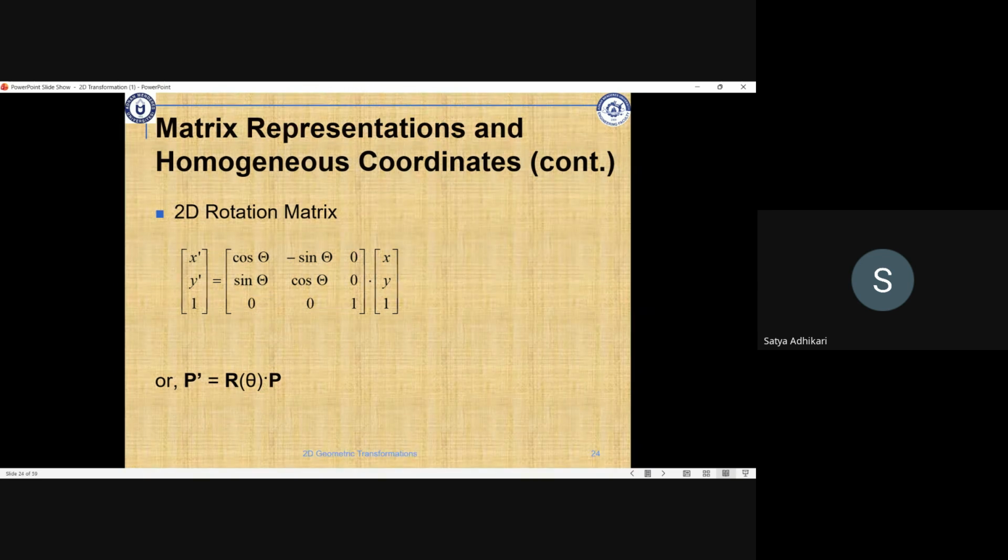Similarly, you see, this is a rotation matrix in homogeneous coordinate. We have added an extra row and extra column. The last column is the extra column added, and the last row is the extra row added. So initially it was cos theta, minus sin theta, sin theta, cos theta, a 2 cross 2.